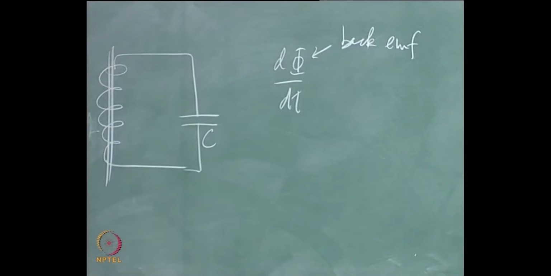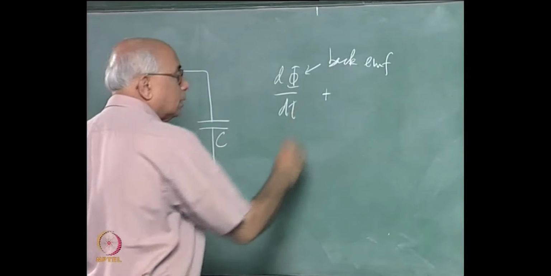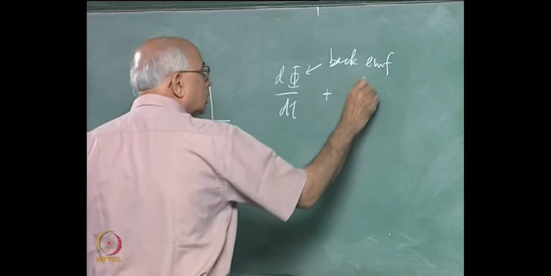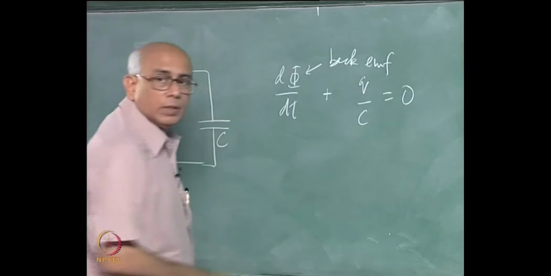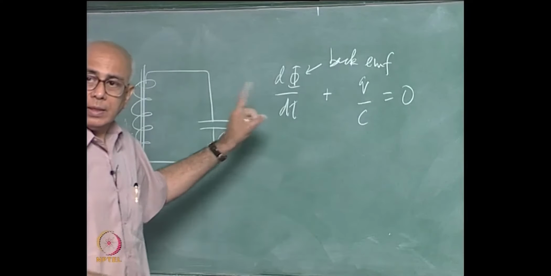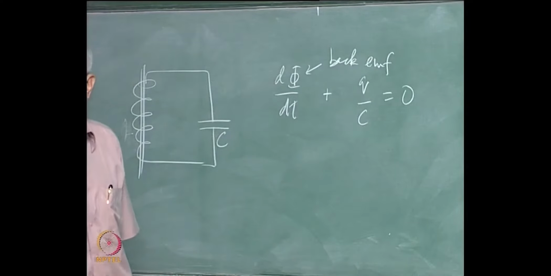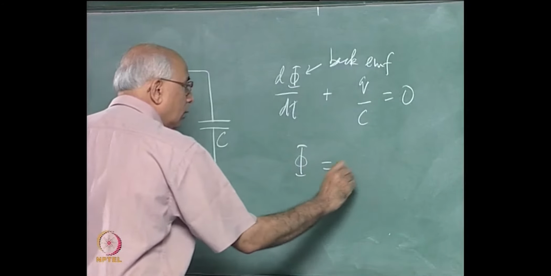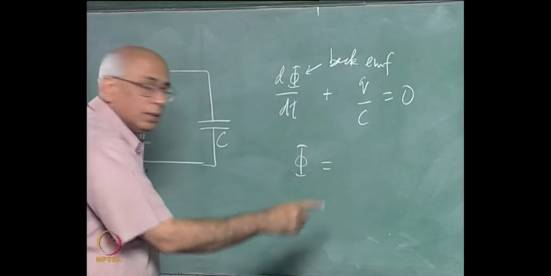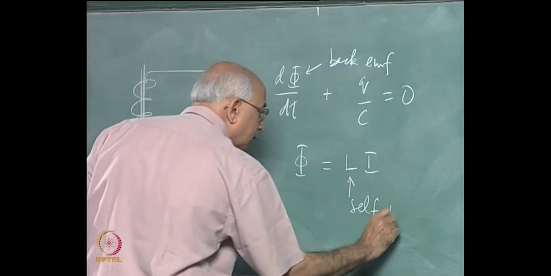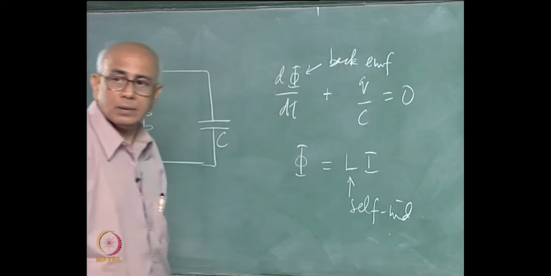So the normal equation would be this plus the potential across the capacitor, and what would that be? Q over C, this would be equal to 0. If this inductor were a linear inductor, then we know that the flux across this inductor, phi, is proportional to the current through it, and it is equal to L times I, where L is the self inductance of the inductor.